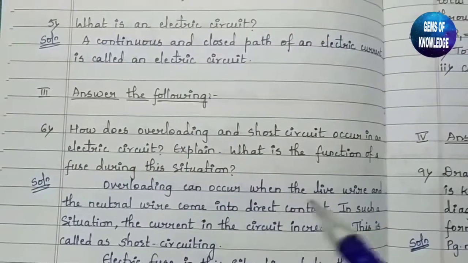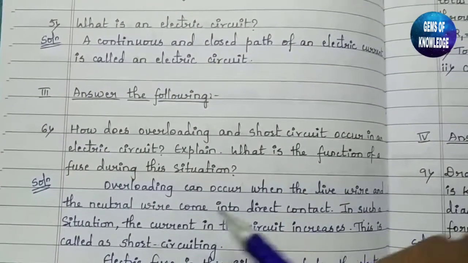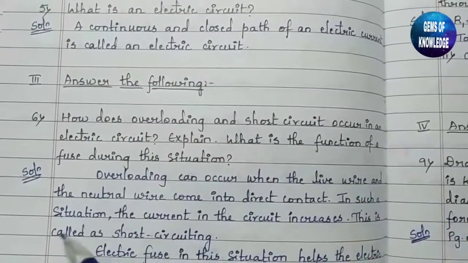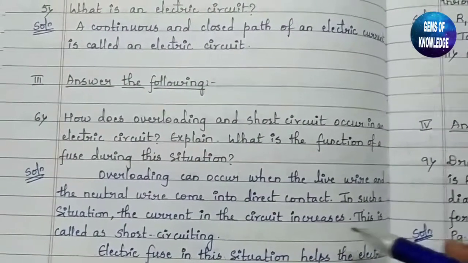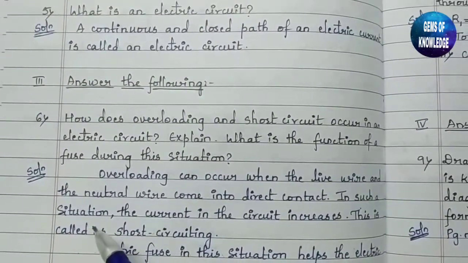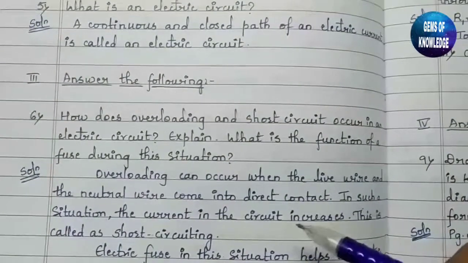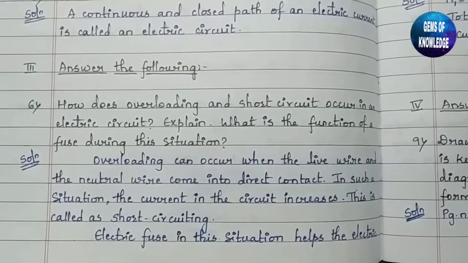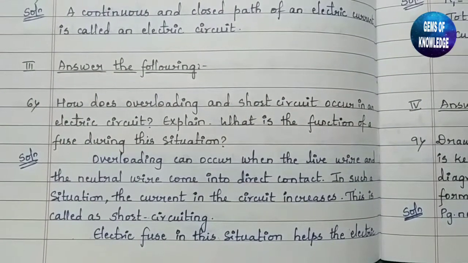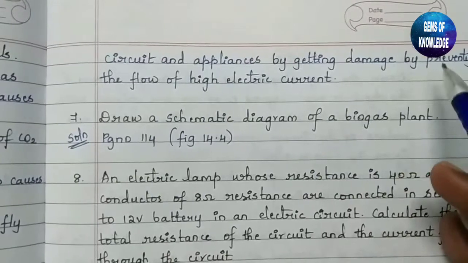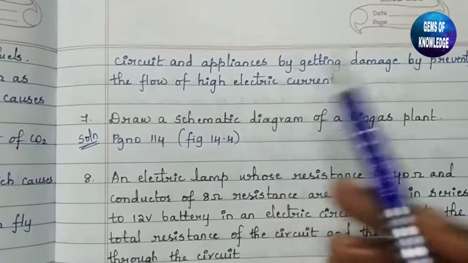When they both come into contact with each other, we can say that the load of the current will be more. In such a situation, the current in the circuit increases. When they both come into direct contact, the current in the circuit automatically increases, and this is the reason why short circuiting takes place. And the electric fuse in this situation helps the electric circuit and appliances by preventing damage from the flow of high electric current.